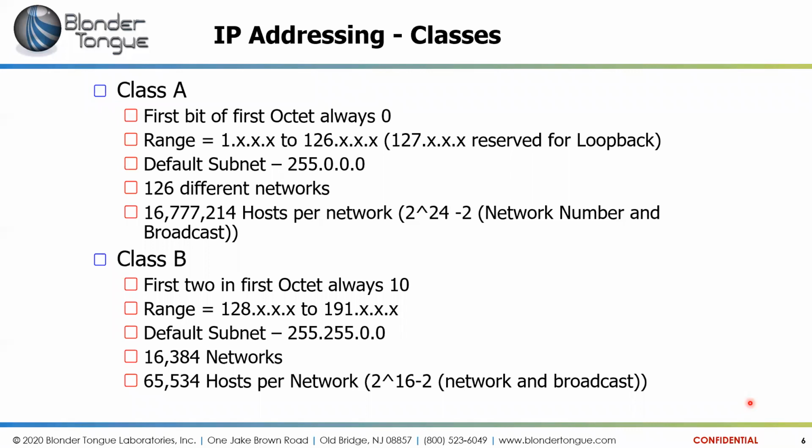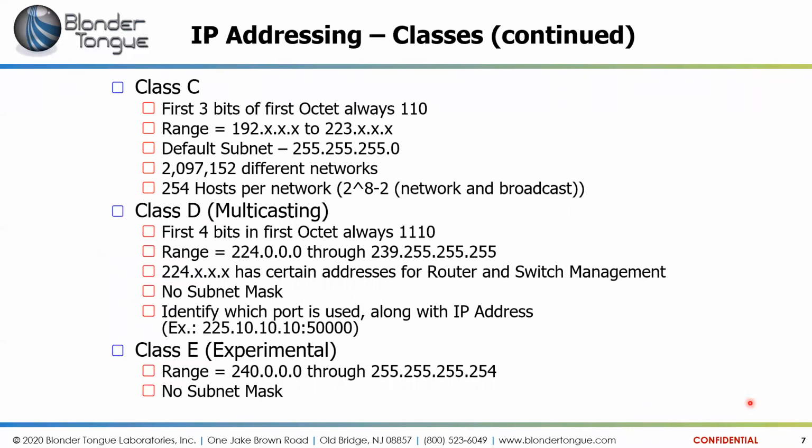Okay. Our Class C, we usually work with a Class B, a 172 address, or a Class C, a 192 address, typically in our day-to-day work on private networks. In a Class C, the first 3 bits of the first octet are always going to be 110, which gives us a range of 192 through 223.